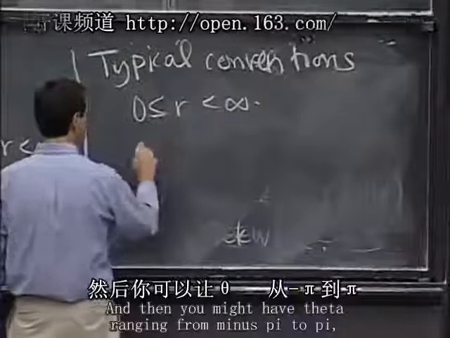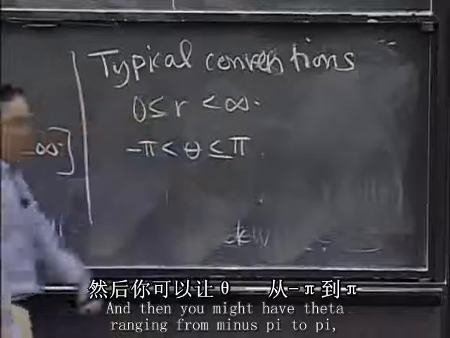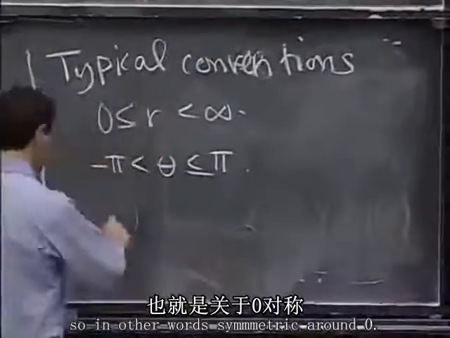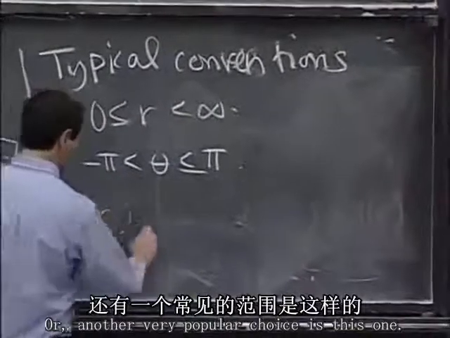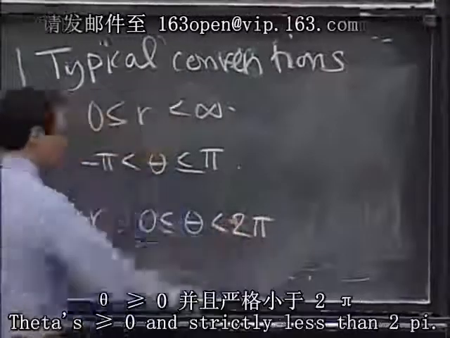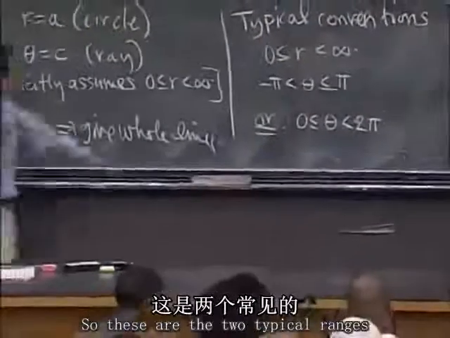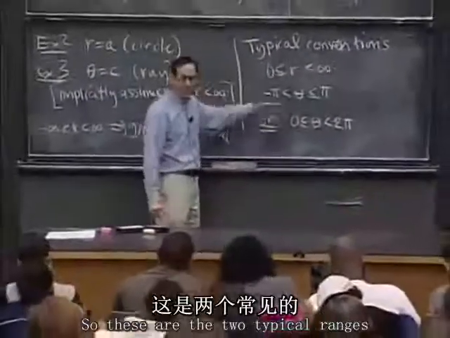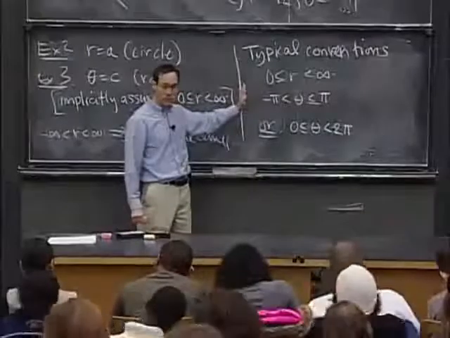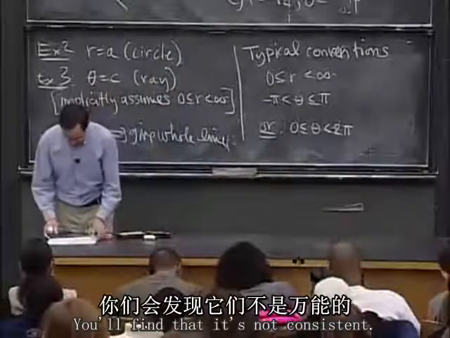And then you might have theta ranging from minus pi to pi, so in other words, symmetric around 0. Or another very popular choice is this one, theta greater than or equal to 0 and strictly less than 2 pi. So these are the two typical ranges in which all of these variables are chosen. But not always. You'll find that it's not consistent.